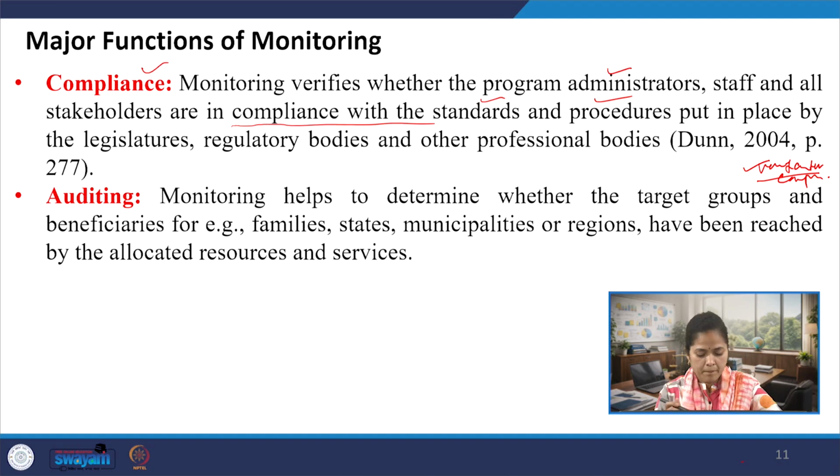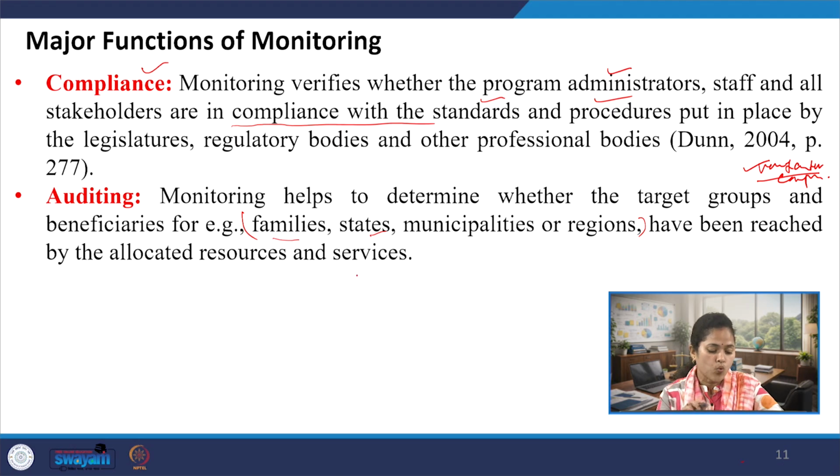Policy monitoring also helps to determine whether the target groups or the beneficiaries, which in a particular policy can range from micro units like household members and families to states, have been reached through this targeted policy or not.